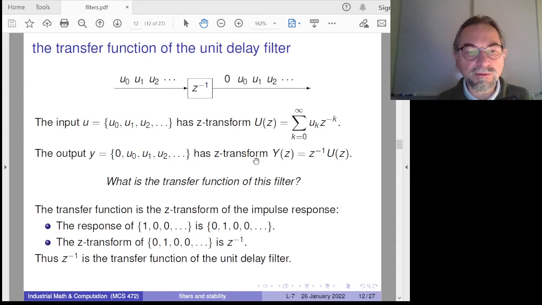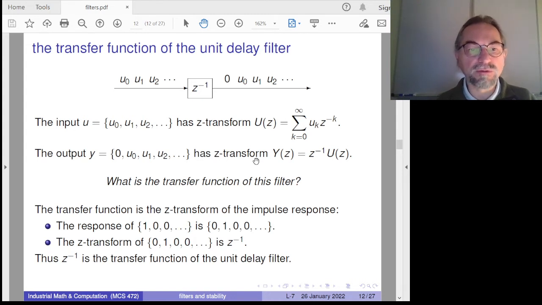Here is an example, and we've computed this example already. Our first filter was the unit delay. What is now the transfer function of this filter? Well, why was the picture using z to the power -1?